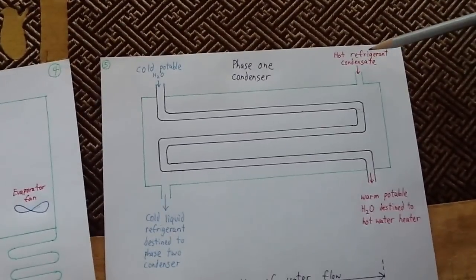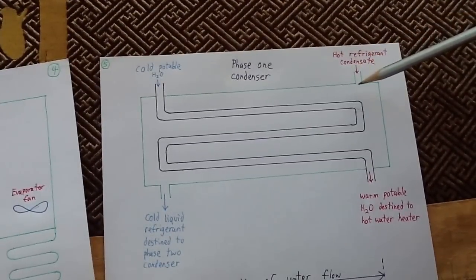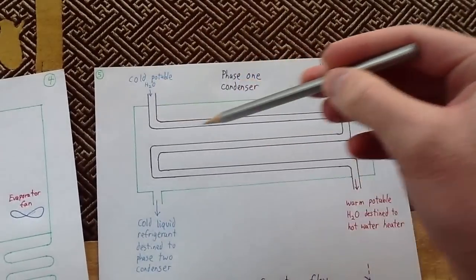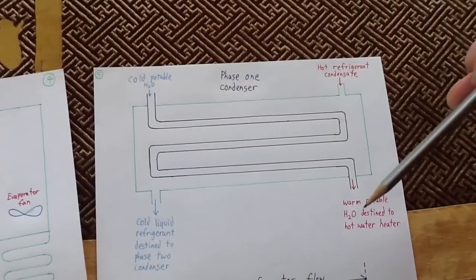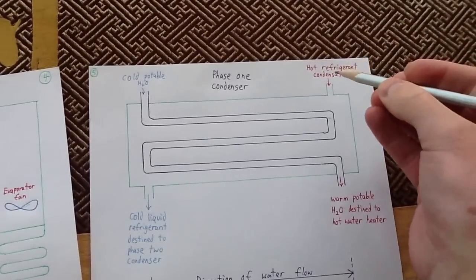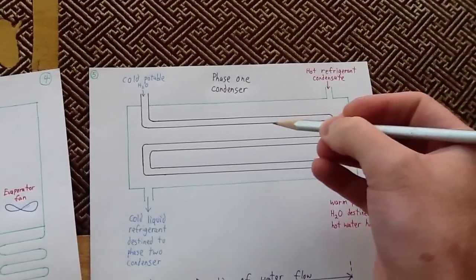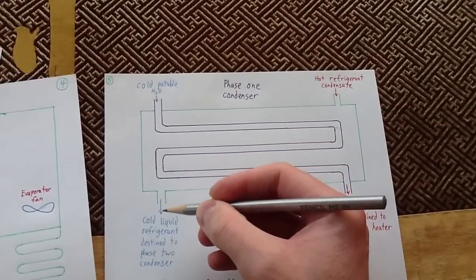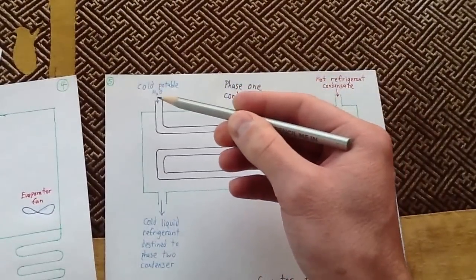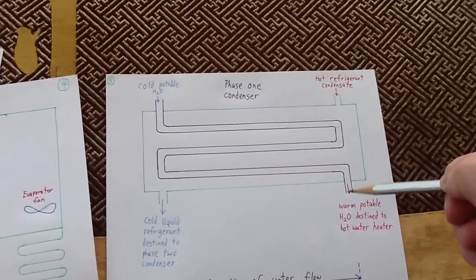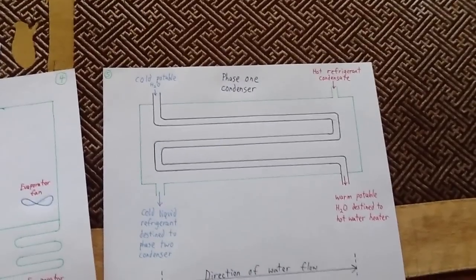Okay? So, as the hot refrigerant condensate goes through this heat exchanger right here, it's going to hit this tube right here, which has cold potable water, which is destined for the hot water heater of a building, and it's going to do this big heat exchange as it goes through it. So the refrigerant is basically going to travel down this way, it's going to discharge, and the cold potable water is going to go through the tube, and it's going to discharge out here, and then it's going to go to your hot water heater.